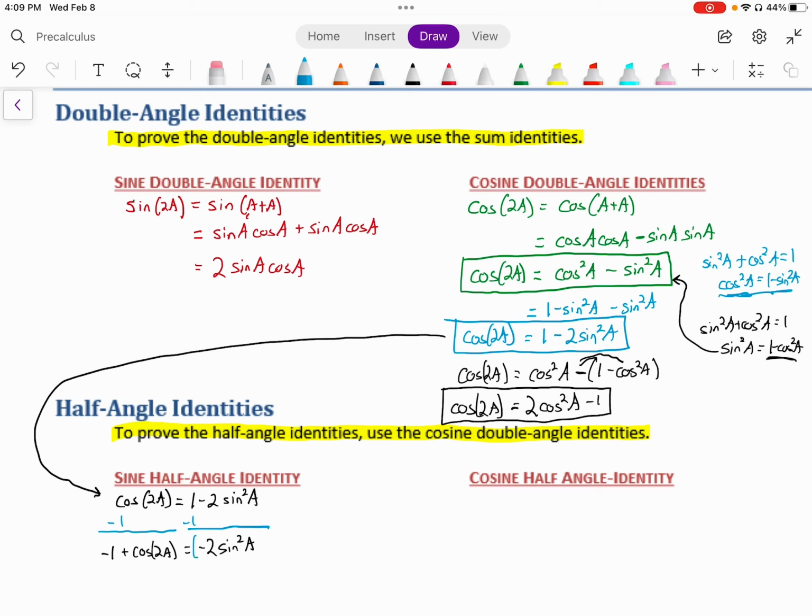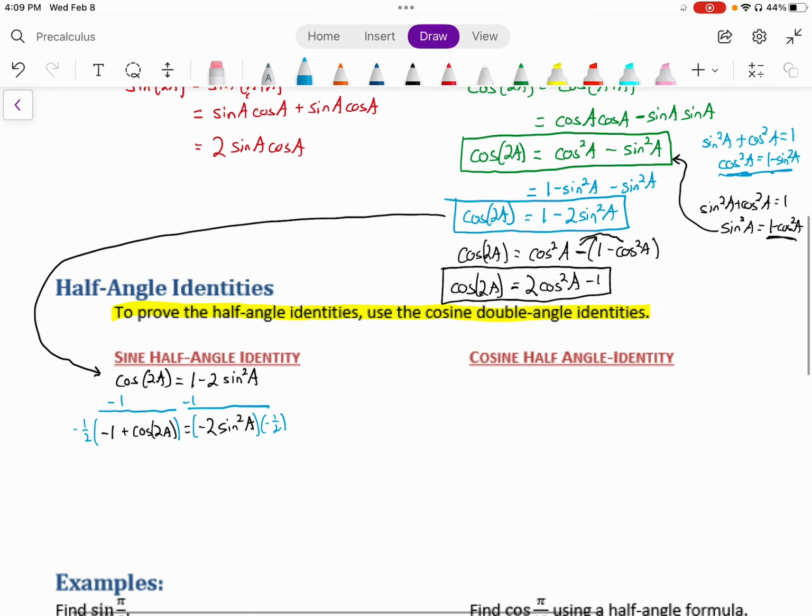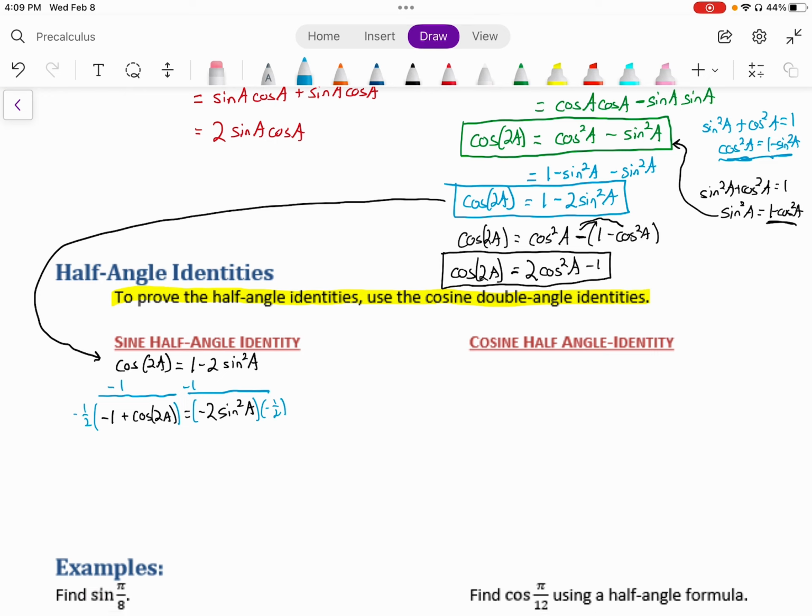And that's why I kept the -1 first, because when we multiply in the -1/2, this might seem strange, but I'm just going to multiply in the negative because that's the form that we want our identity in.